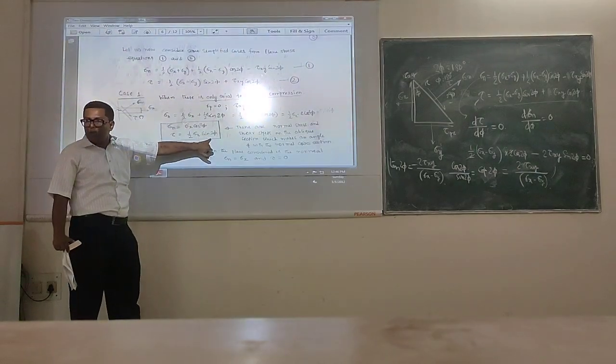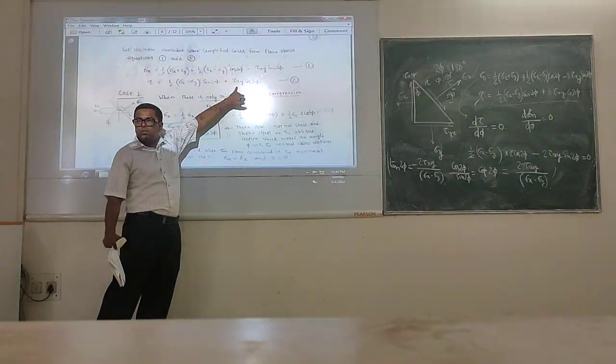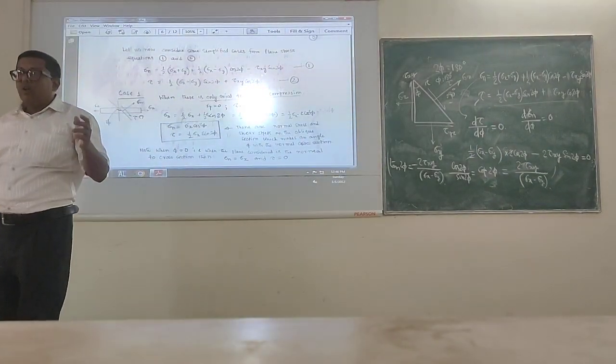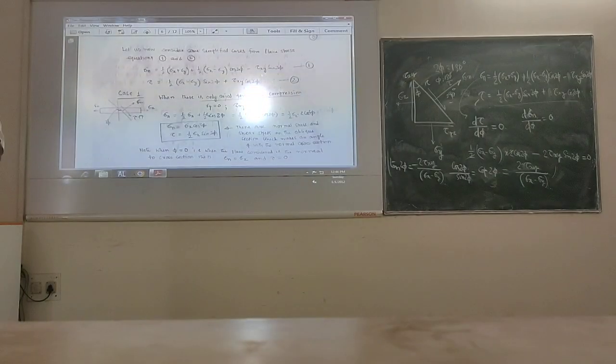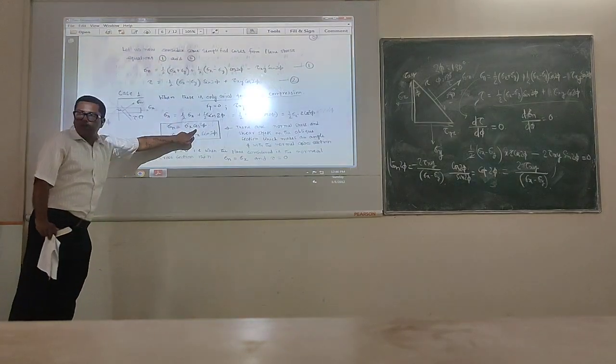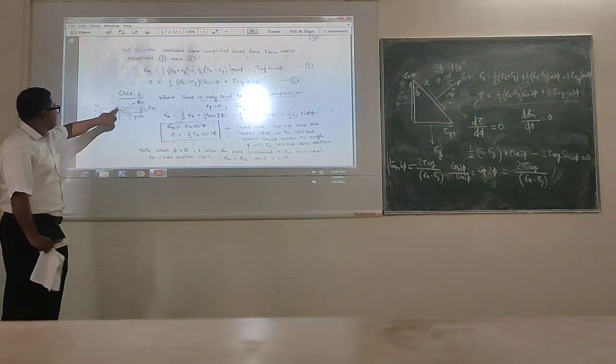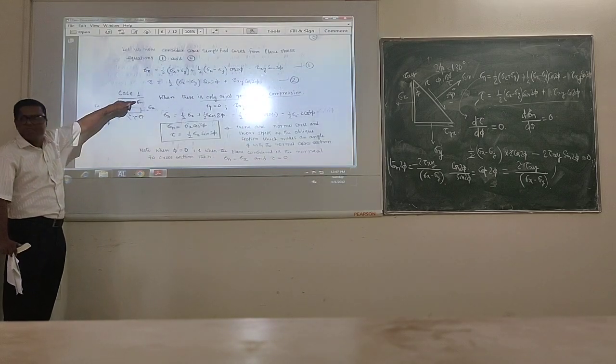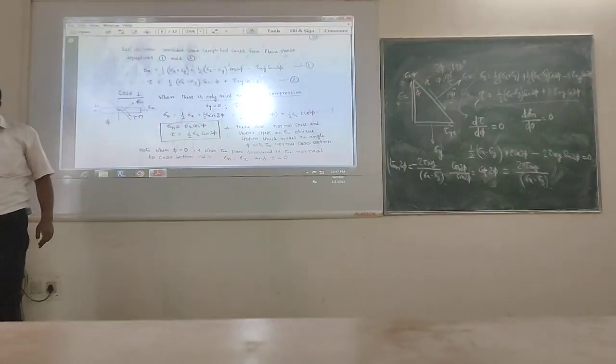So you see, an element or a body subjected to only normal stress in the x direction, on an inclined plane at an angle phi with the x plane, the value of normal stress will be sigma x cos square phi, and the value of shear stress you can see from there. So there will be a normal stress existing and a shear stress existing.